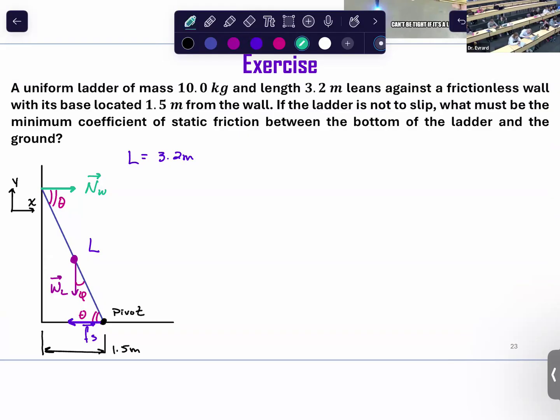Oh, and then there's one more. What's that one? Normal force of the ground, at the pivot point.